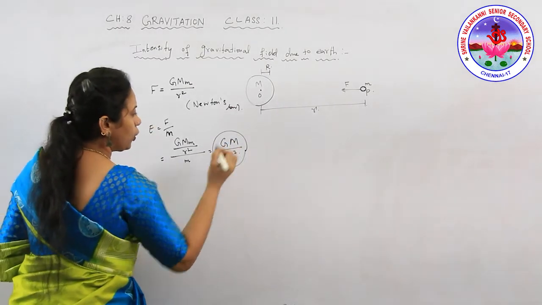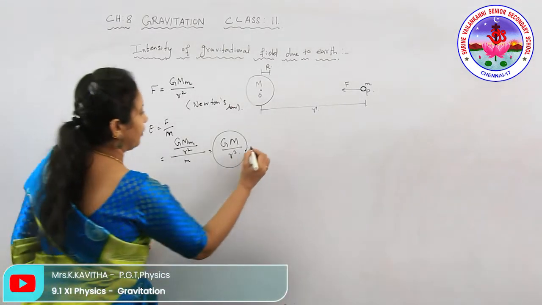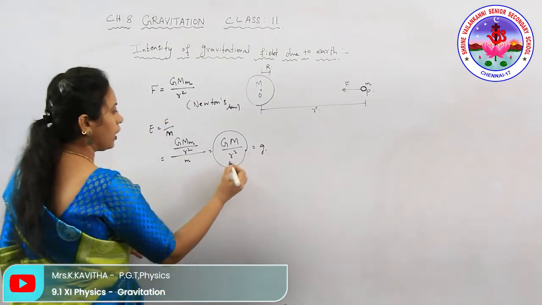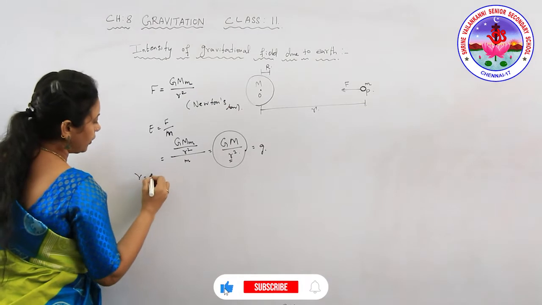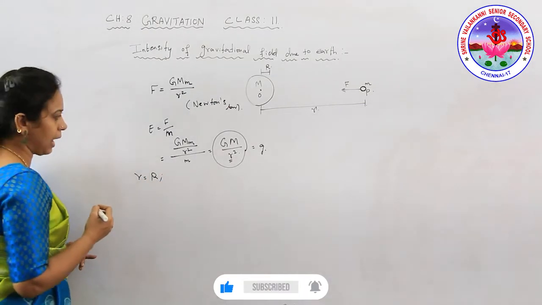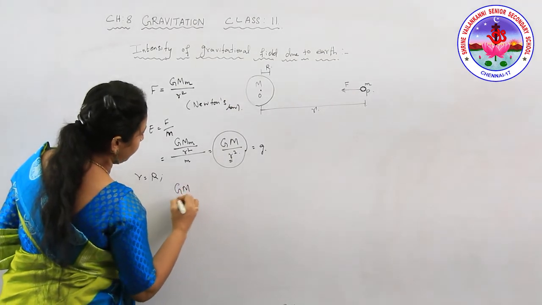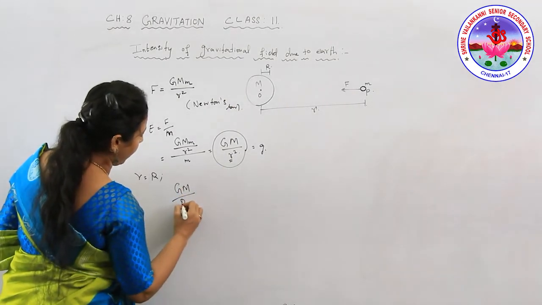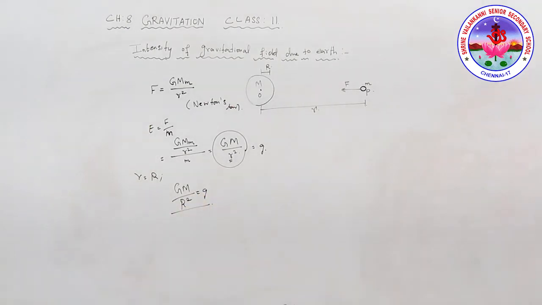This value you have already seen somewhere, that is in gravity, that is g. Here you can take R as the radius of the earth, capital R, then you can write G M by capital R square. So we can say that this is the acceleration due to gravity at the surface of the earth.